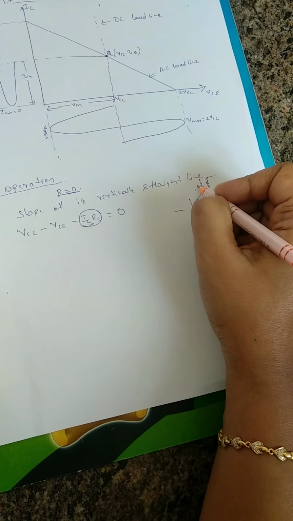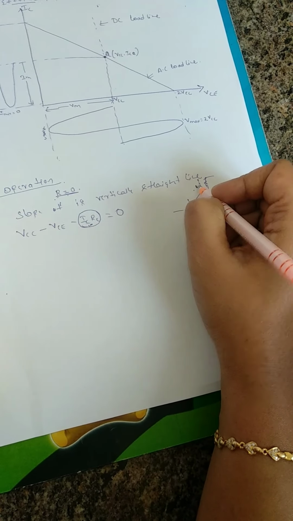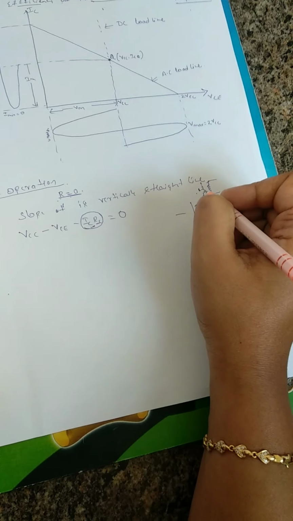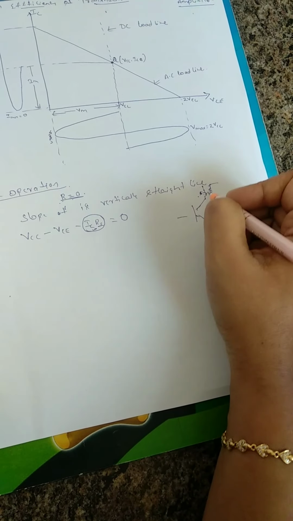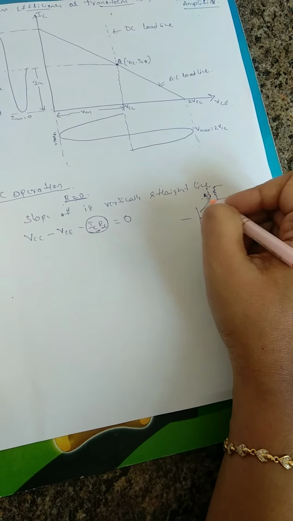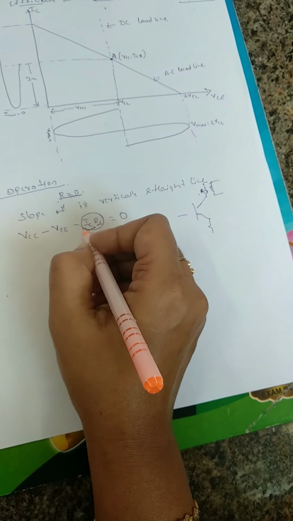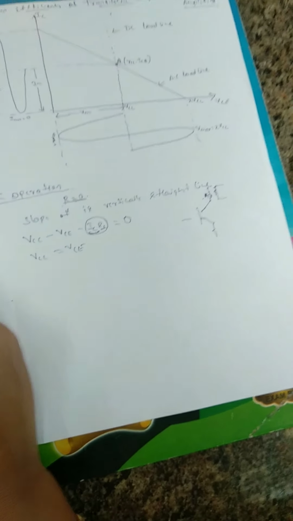That is, the resistance of this primary winding is 0, that is, R is 0. Here the primary winding resistance is RC, so we can say RL is equal to RC. Since the resistance here is 0, the voltage drop across it will be 0. Hence VCC will be equal to VCE.